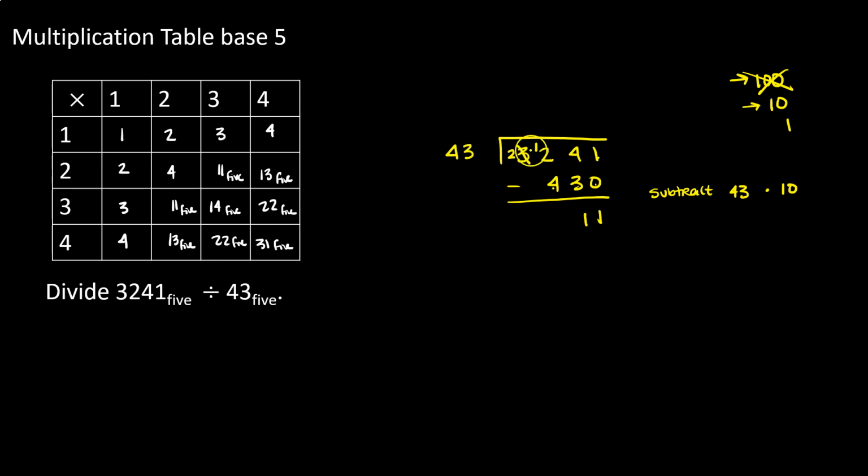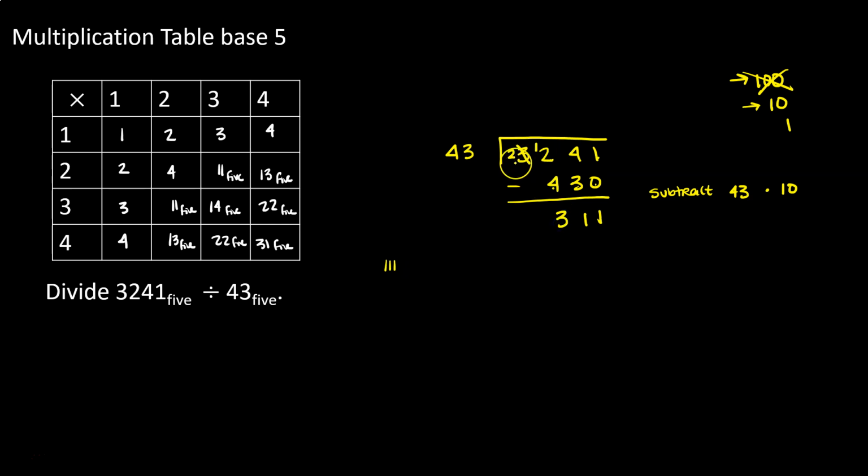Now be careful, we're not looking at the number 12. We're looking at the number 1 group of 5 and 2 singles. And we want to remove 4 from that. So we have to break open our group of 5 and rewrite it as all singles. And if I take 4 singles from this, I'm left with 3.